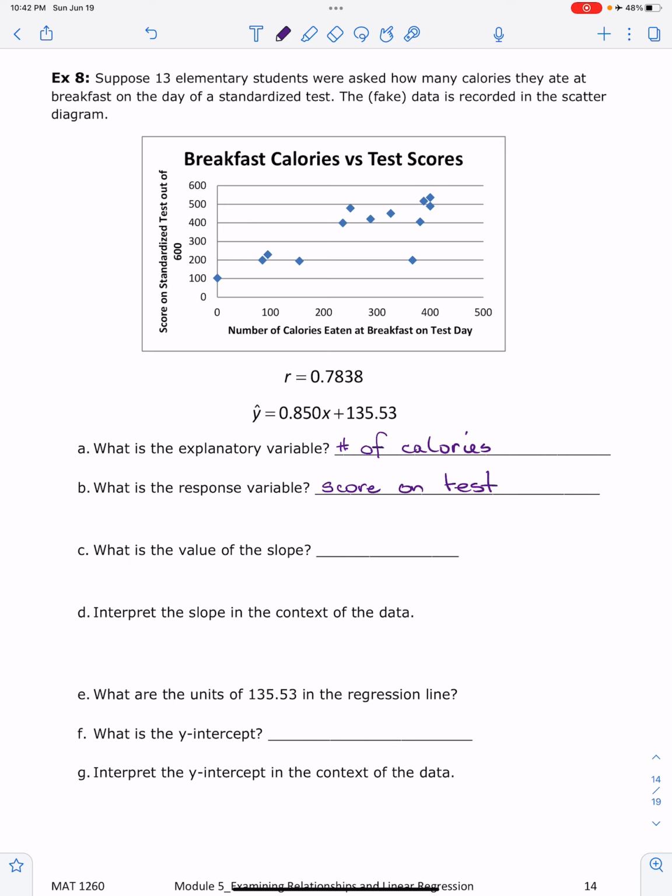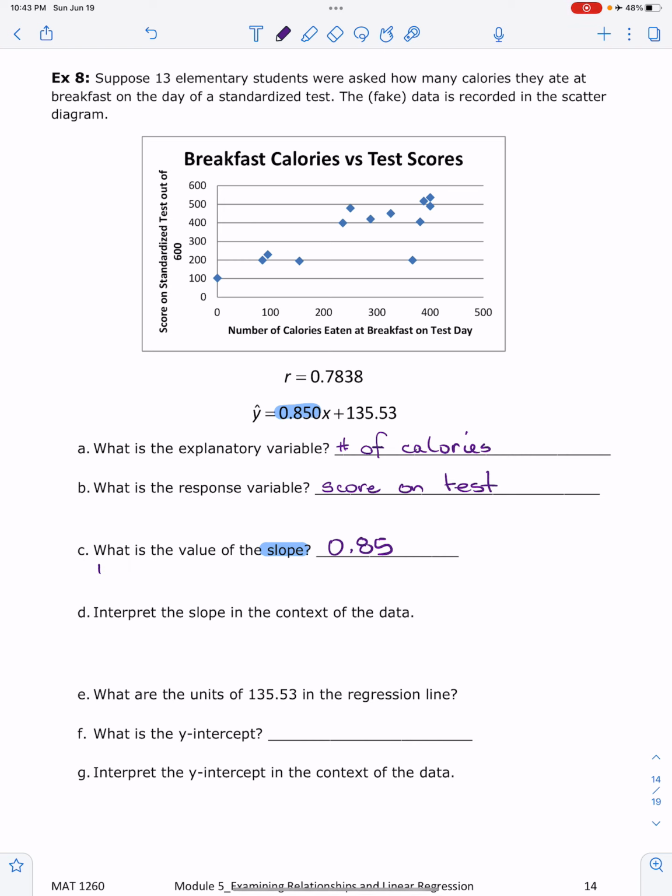The value of the slope, remember the slope is the number that is attached to our x variable. So our slope here is 0.85. We want to interpret the slope in the context of the data. So the slope is change in our y, or change in our response variable, over change in our explanatory.